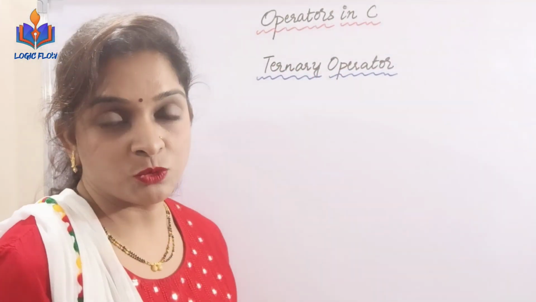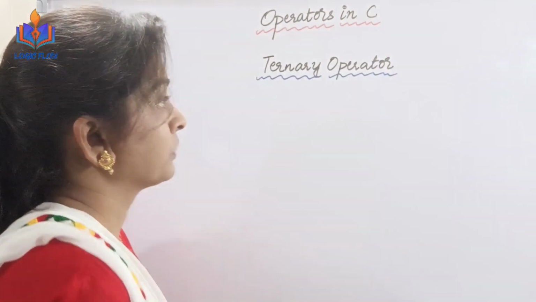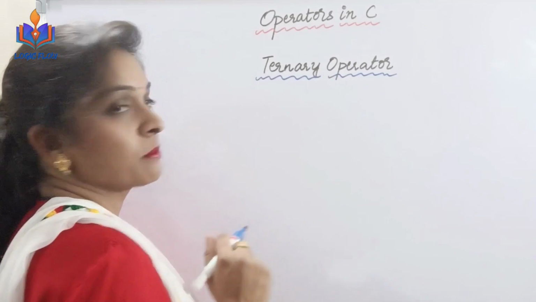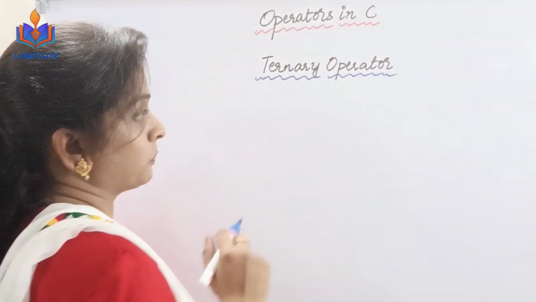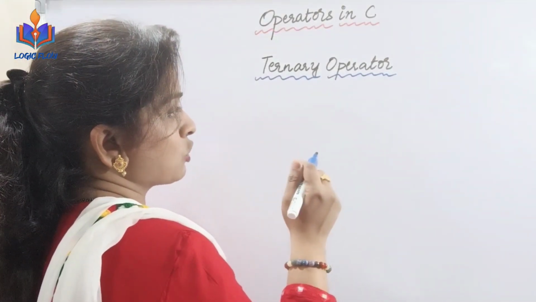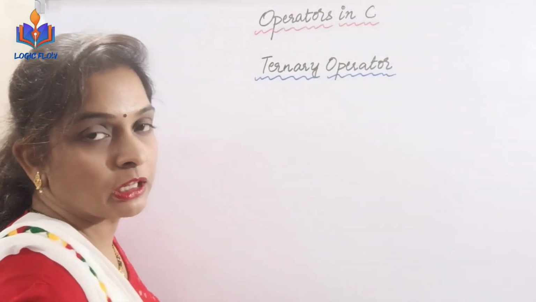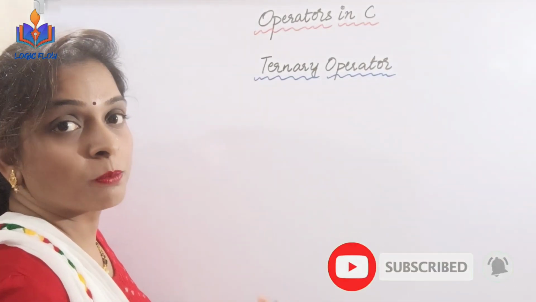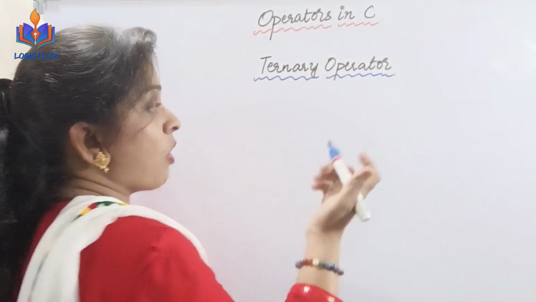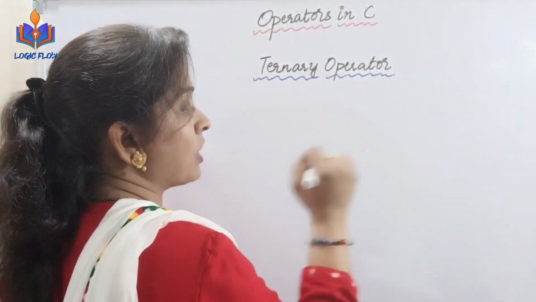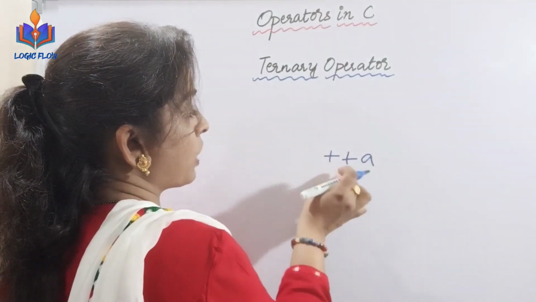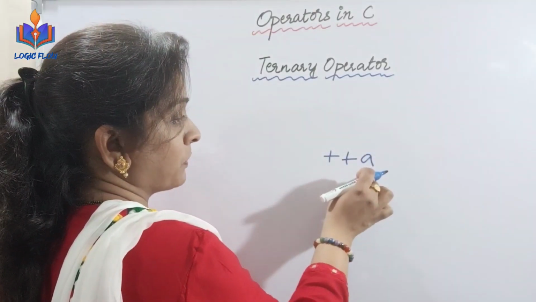Before I start with the ternary operator, let's get back to the unary operator. We discussed the increment and decrement operators, whether prefix increment, postfix increment, prefix decrement or postfix decrement. The operator operates on one single operand. We say ++a, so you have the operator and one operand.